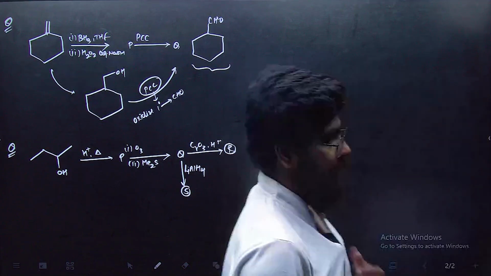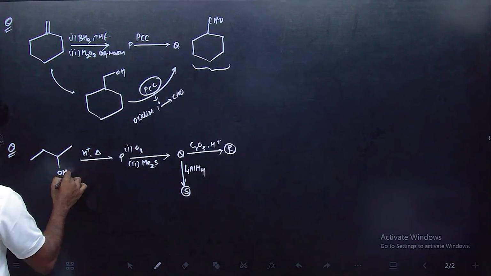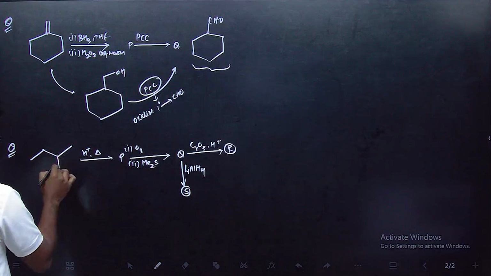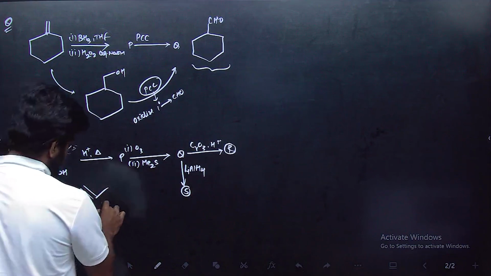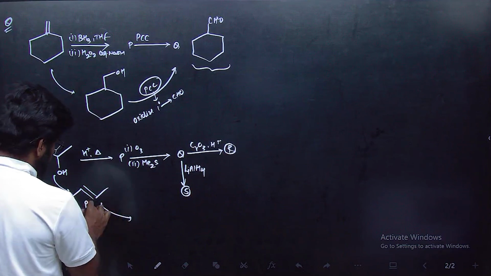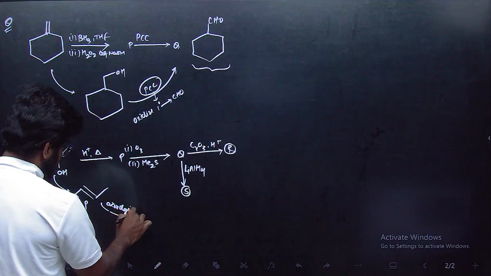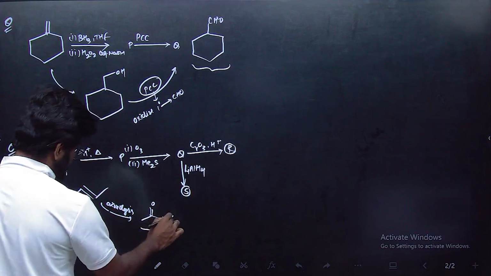Yes. Let's see. So, protonation of this OH group in acidic medium and followed by heating will cause elimination. So you will get this. Then when you do ozonolysis, so this is your P. The complete ozonolysis cleaves the bond in such a way that you get two same molecules, right?